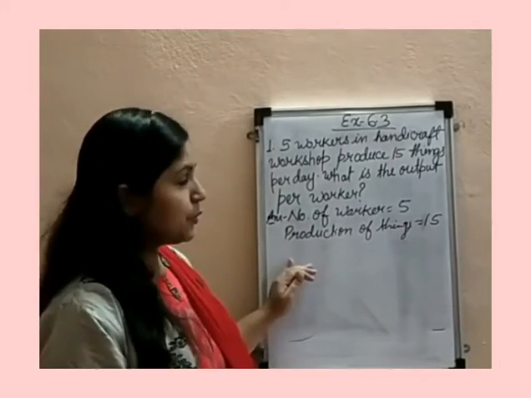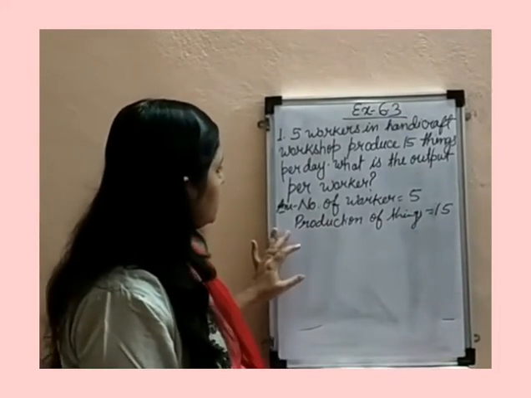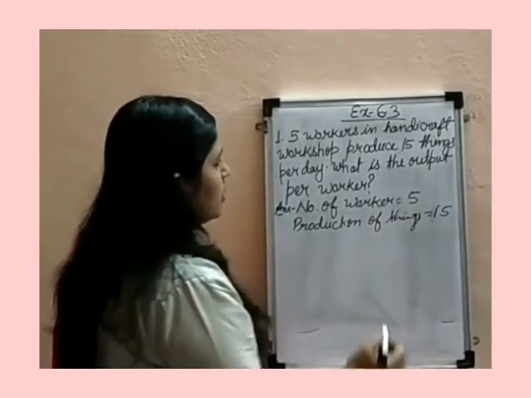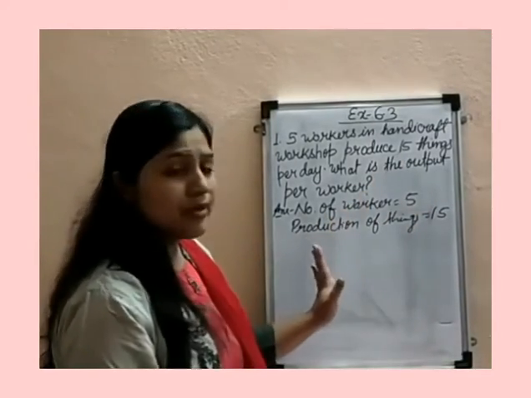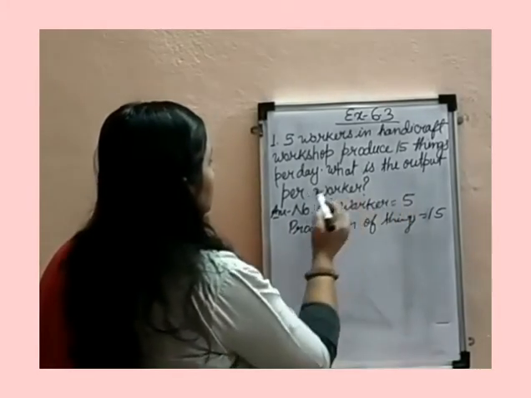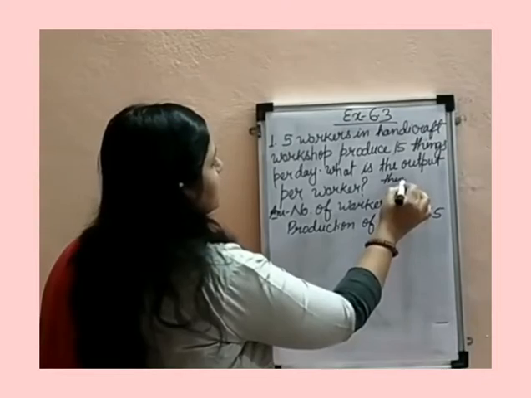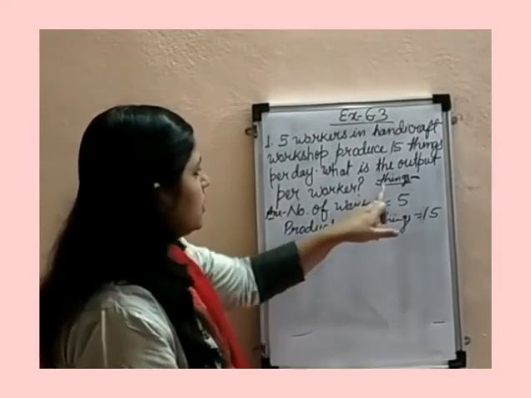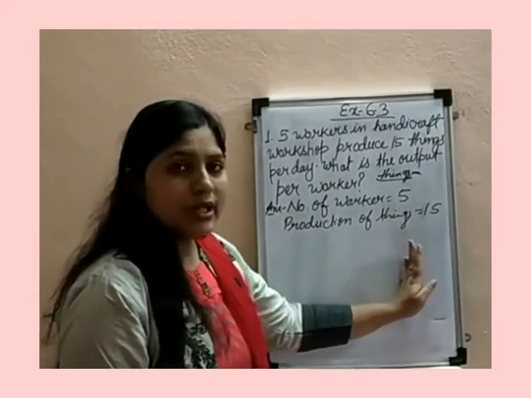How can we write the statement? See one thing, the value which we need to find out, that value we will put on the left side. Here we need to find the things of one worker, so things we will put on the left side.